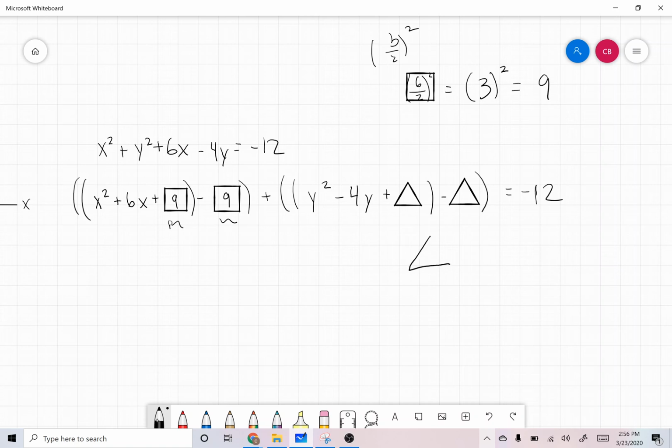Then for the triangle, we have negative 4. So we have negative 4 over 2 squared, which is negative 2 squared, which is 4. So this is 4, and this is 4.